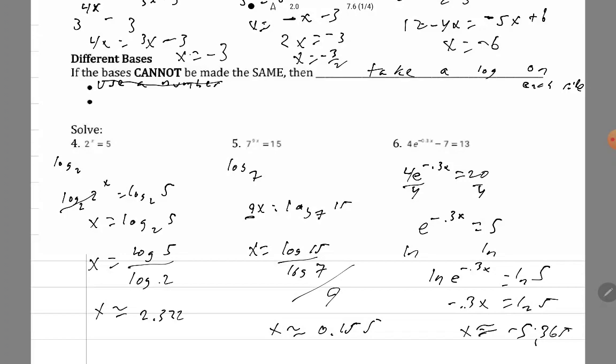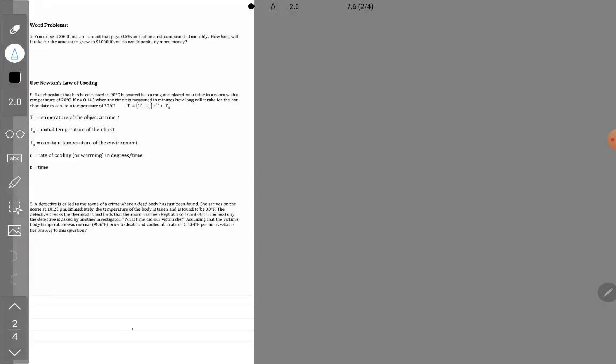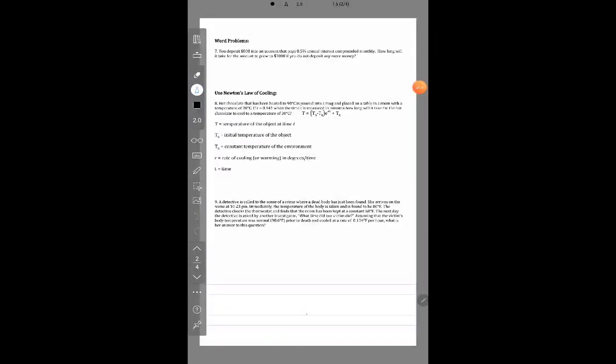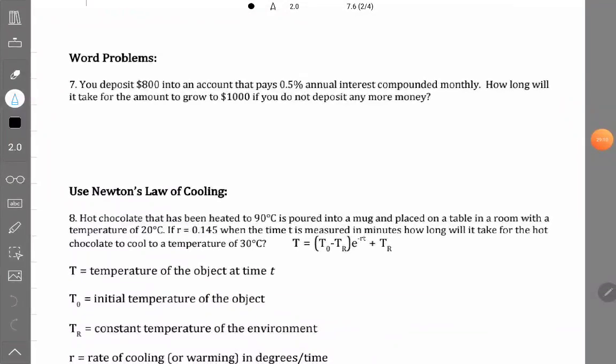Okay. One more page, and then we'll be good to go. Word problems. You deposit $800 in an account that pays 0.5% interest compounded monthly. So compounded monthly means we're using this formula: principal times 1 plus r over n, to the nt.